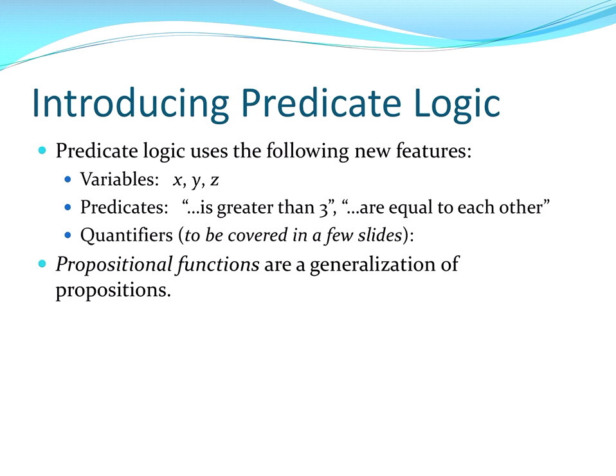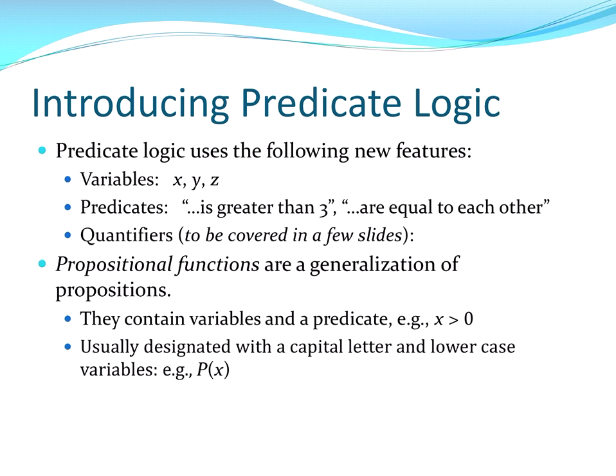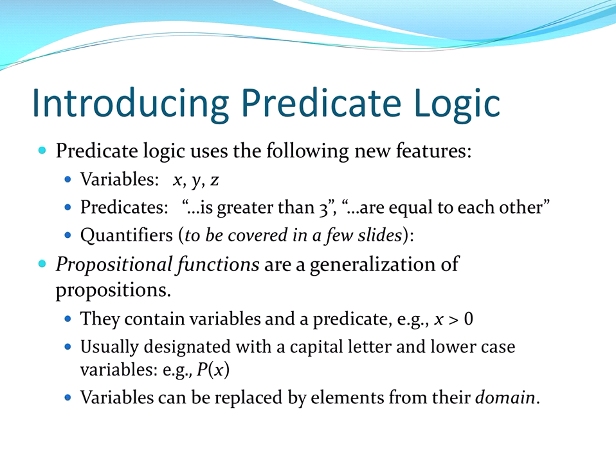All right, so when we take the variables and we combine them with predicates, we get what are known as propositional functions. That's what they're made up of. And we usually designate these propositional functions with a capital letter and then the variables in lowercase as inputs. And then, like I said earlier, variables are replaced by elements from their domain, a set of all possible values they can take on.